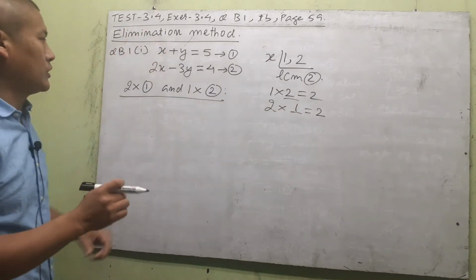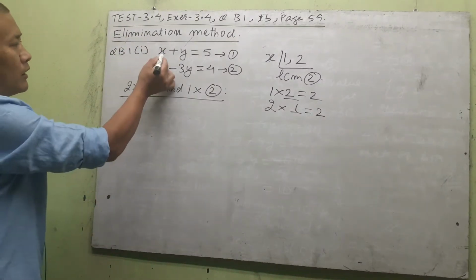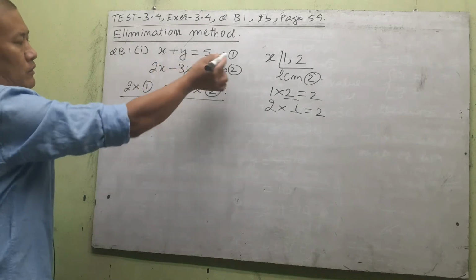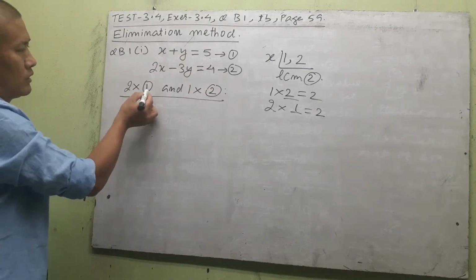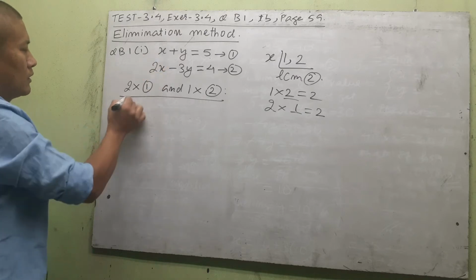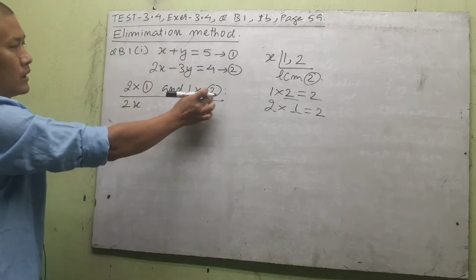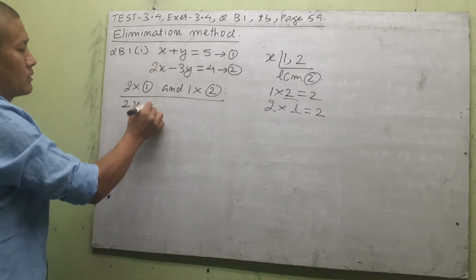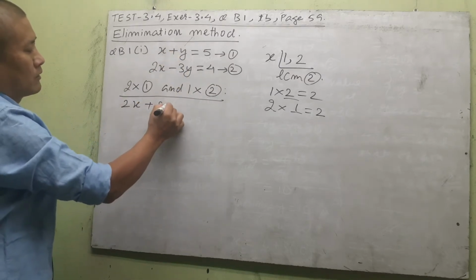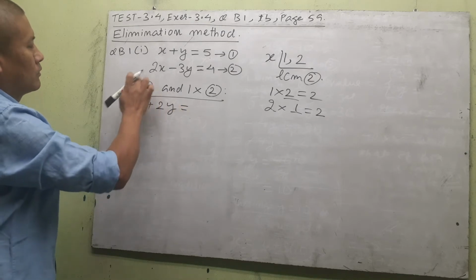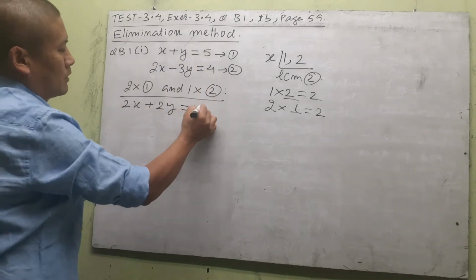This is called equating the coefficients. So 2 will multiply all the terms in equation 1. 2 times x is 2x, plus 2 into y is 2y, equal to 2 into 5 is 10.